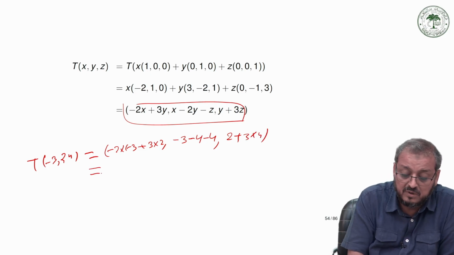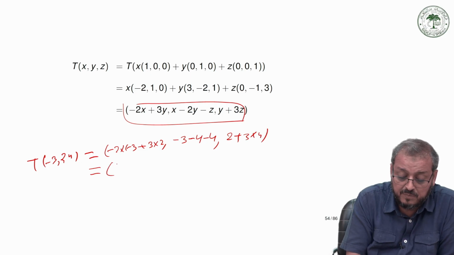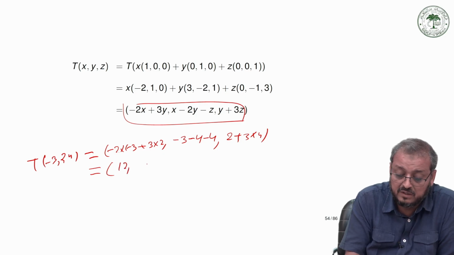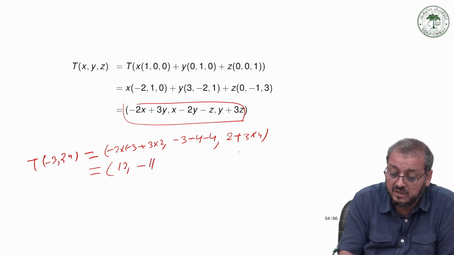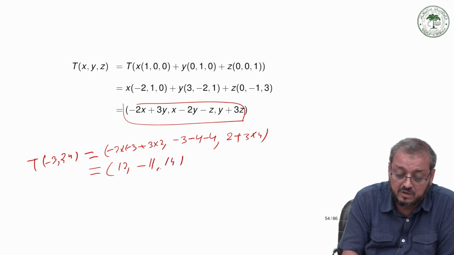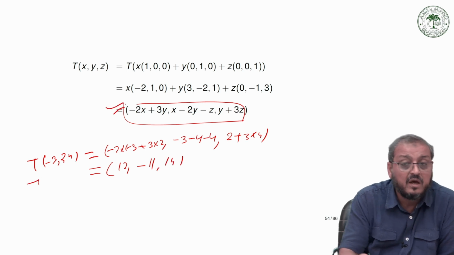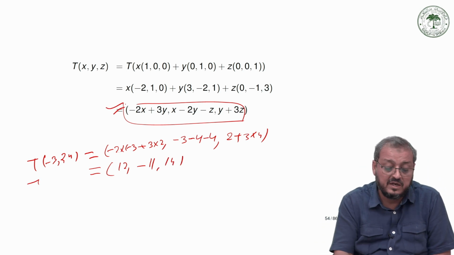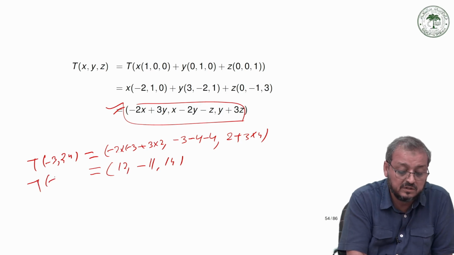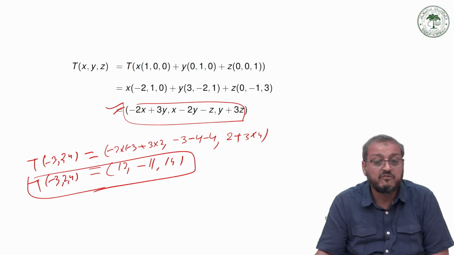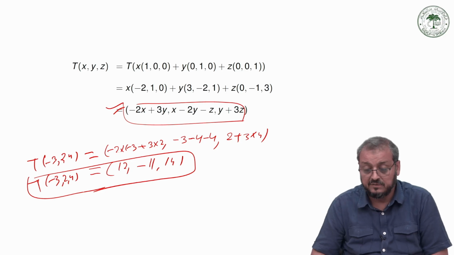So this is nothing but plus 6 plus 6, which is 12, then minus 11, and then 14. So this means by this general formula we can verify that whatever we calculate for T of minus 3, 2, 4 gives the same values again.